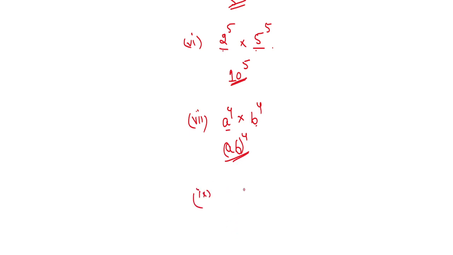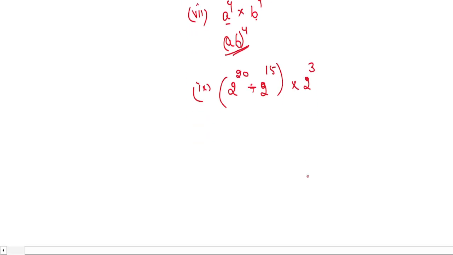The ninth part is 2 raised to the power 20 divide 2 raised to the power 15 multiply 2 raised to the power 3. Now the base is same but the power is different and there is a division.